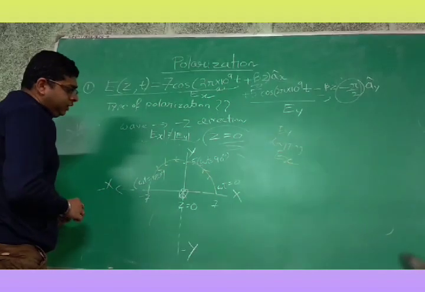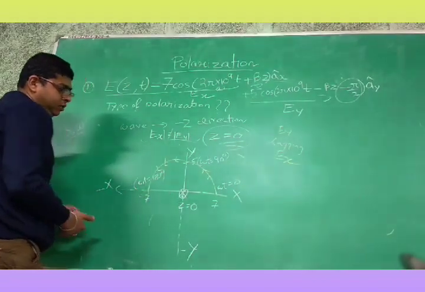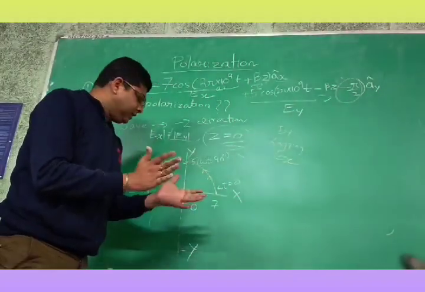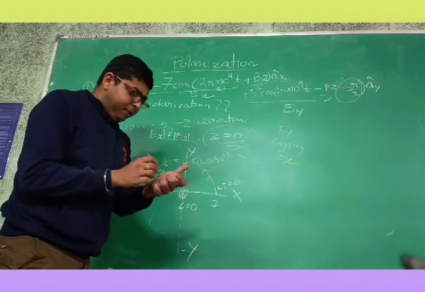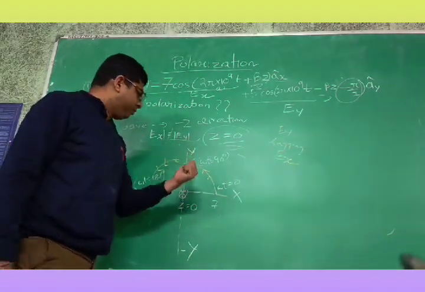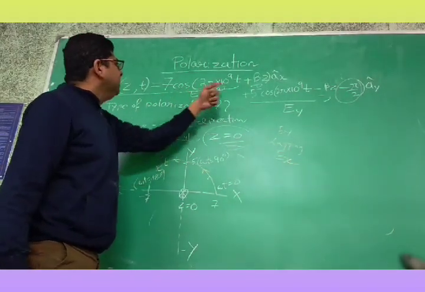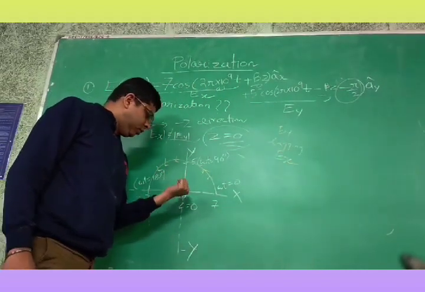Now, to see whether this is left-handed or right-handed, these are my two hands. Let me put my thumb towards the direction of propagation of the wave. In this case, the direction of propagation is in minus z direction, that means inward to the board.